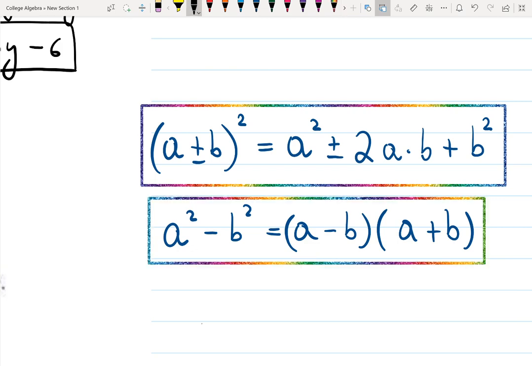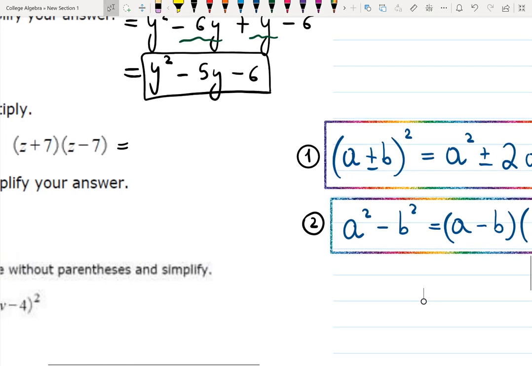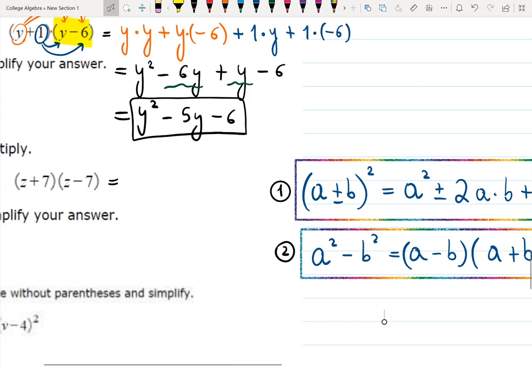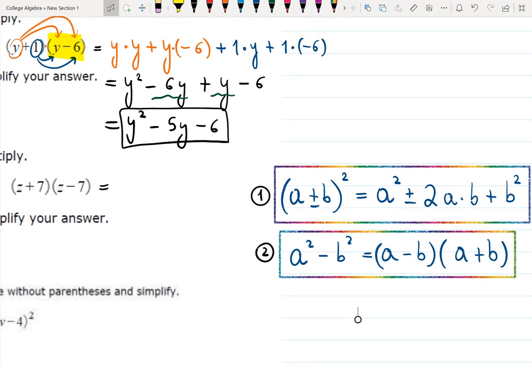So in our example, I will call it formula number 1 and formula number 2. In this example we're working with, we're going to look at formula number 2. Do you see any pattern? Z plus 7 times z minus 7, and then a plus b times a minus b. Seems like it's the second formula. The formula says if you have a minus b times a plus b, then just square each term and put minus between them.